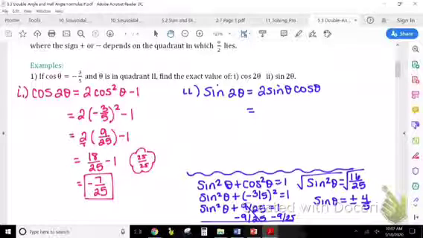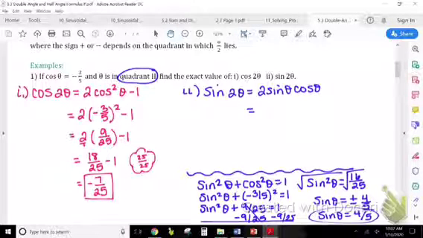But which one am I going to use? Why the positive? There we go. Good job. All right, so yes, we're in quadrant 2, and we know that sine is positive in quadrant 2. So we're going to use that sine is equal to 4/5. All right, once you got that, you can plug in.